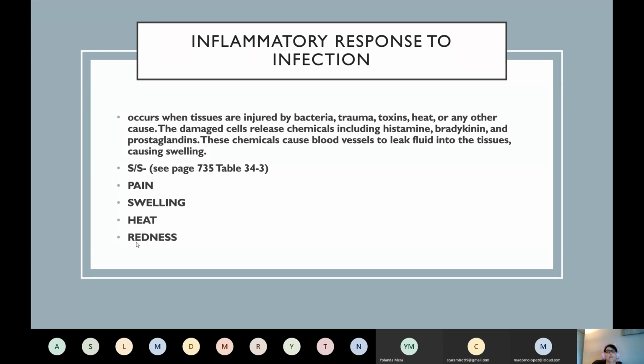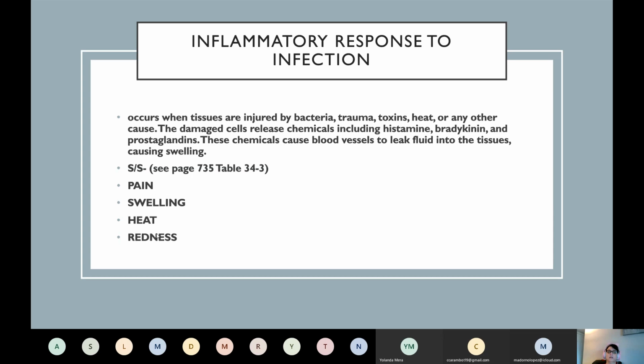The area will be red. And the redder it is, the more swollen it is, the hotter it is to the touch, it means that the body's working and it's not able to maybe win this battle.